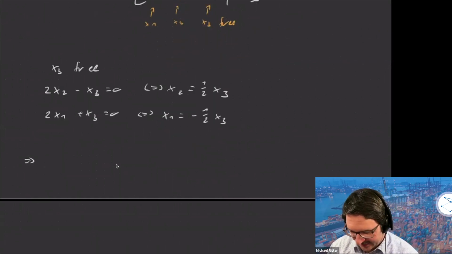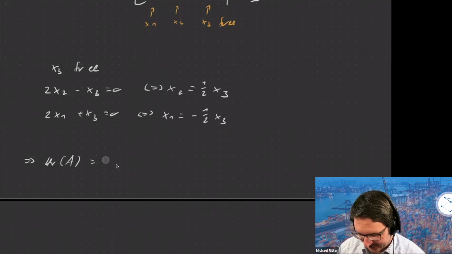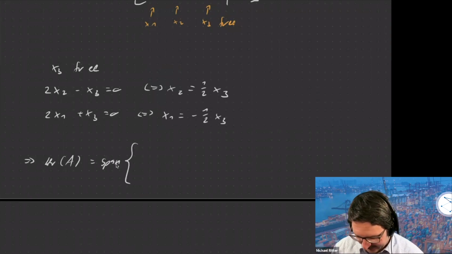So what we get is the kernel of A is then the span of, well, we have x3 as the free variable, x2 is 1 over 2 x3, and x1 is minus 1 over 2 x3.